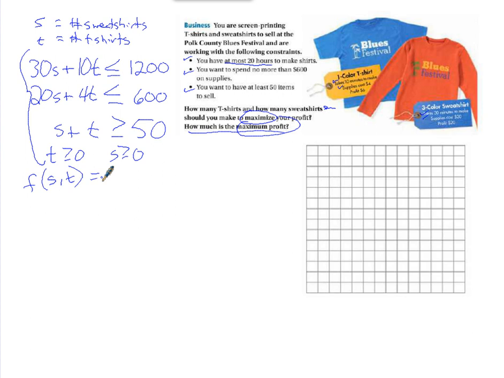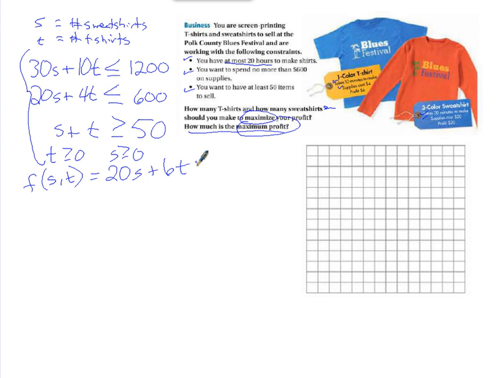That's a function in terms of S and T. The profit for the sweatshirt is $20. So I make $20 per sweatshirt that I make. 20S. The profit for the t-shirts is 6. So 6T.